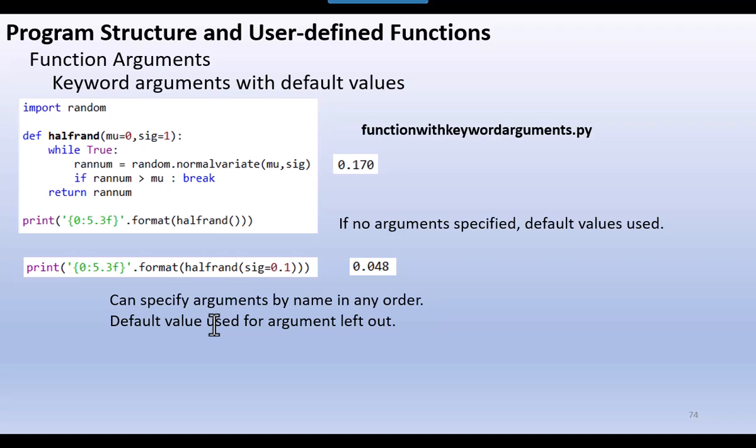The only thing I added was a specification of mu down here to show you that they didn't have to be in that order, and it mentions that here. And the default value is used for any argument that is left out.